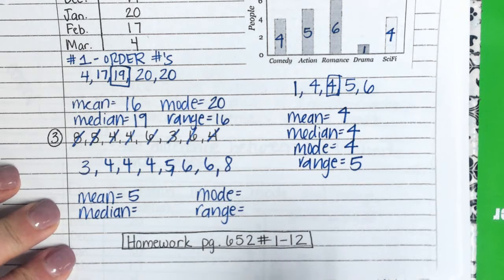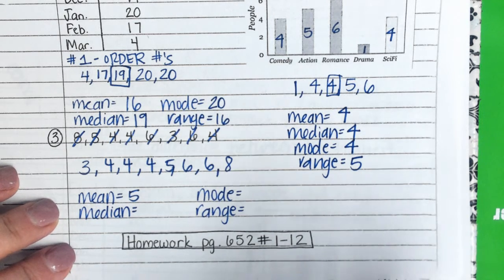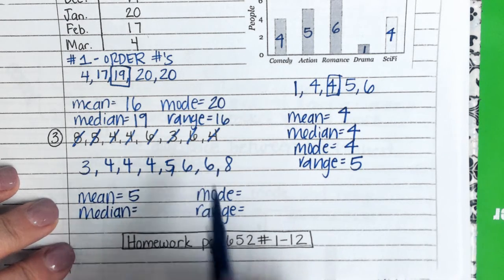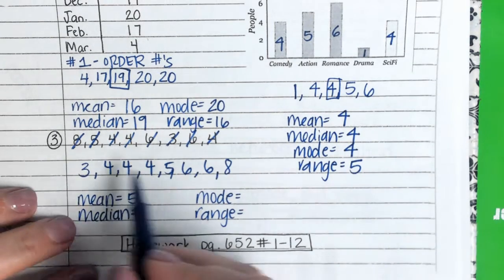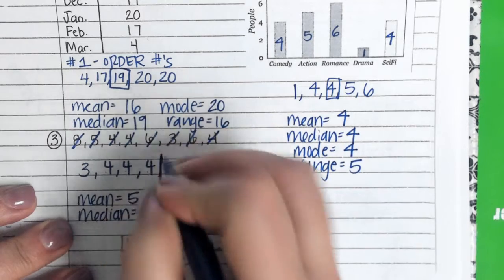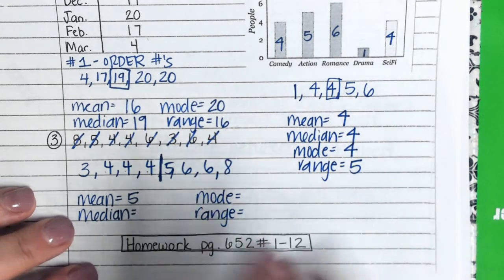Okay, here's the tricky part. Everybody pay attention because you're going to get several of these on your homework. When you have an even set of numbers and you're looking for the median, you're still going to the middle, okay? So what is the middle of 8 numbers? 4 and 4, right? So we go 1, 2, 3, 4. Here is my middle. 1, 2, 3, 4.